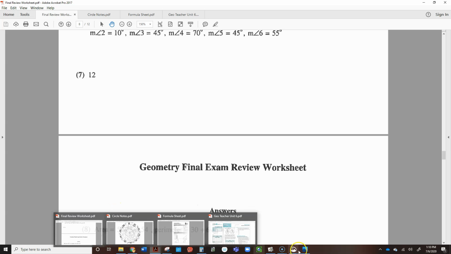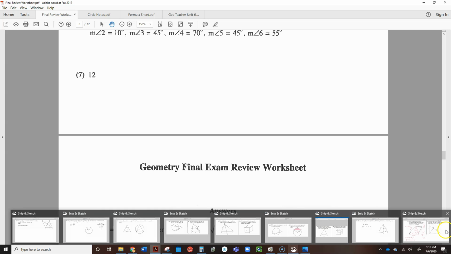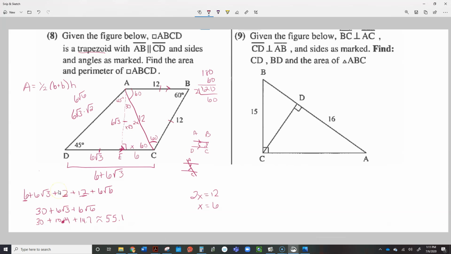I completely forgot about it, to be quite honest with you. The area, we have all the pieces that we need, though. The area, let's do it in a different color right here. So the area was 1/2 times 12 plus 6 plus 6 square roots of 3.